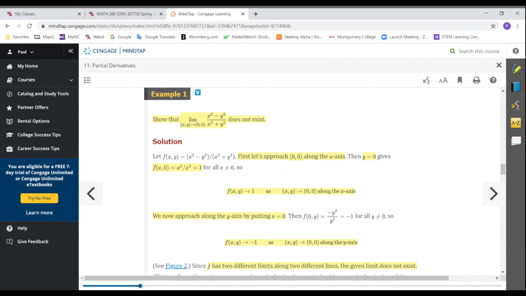It's just the fact that you approach the origin from two different directions and got different limits. This is really more theoretical, but I'm content to just lead you with that in terms of the definition of what it means for a limit to exist.